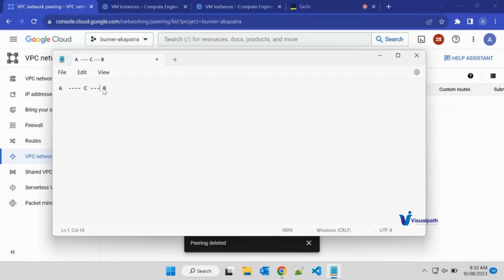It will make it a bit complex. So now what I mean is I have VPC A, VPC B, and VPC C. VPC A has VPC peering with VPC C, and VPC C has VPC peering with VPC B. Now tell me whether my resources in VPC A can communicate with VPC B?